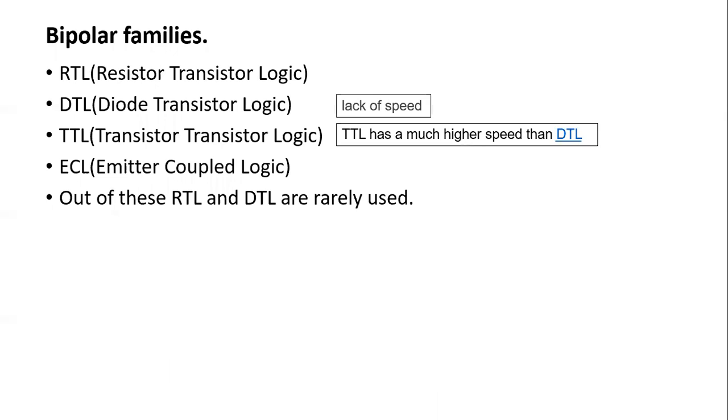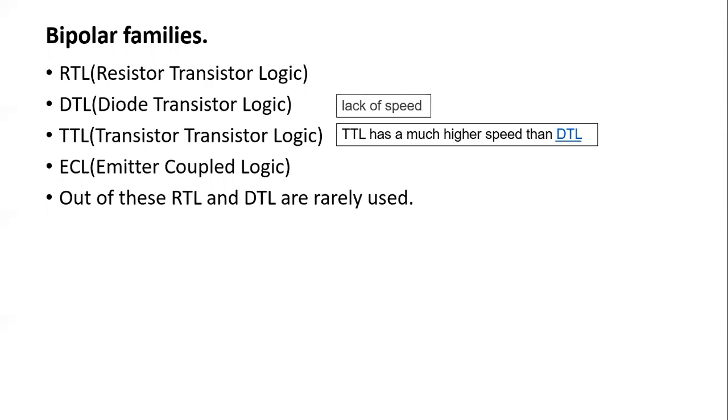Now, we will start with the bipolar families. We have the options of resistor transistor logic. We can create diode transistor logic. We can make transistor transistor logic. Then emitter coupled logic. Here you can see RTL and DTL are old ones. Nowadays they are not used.